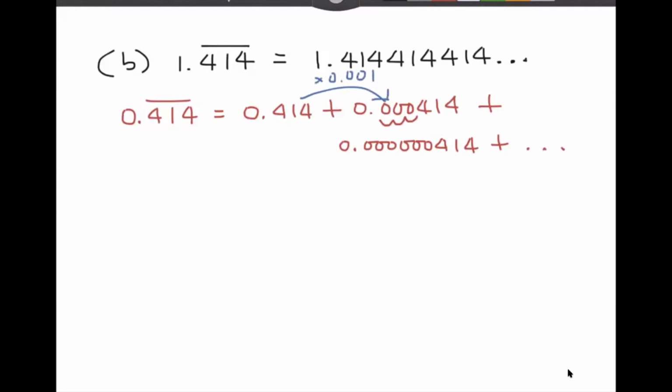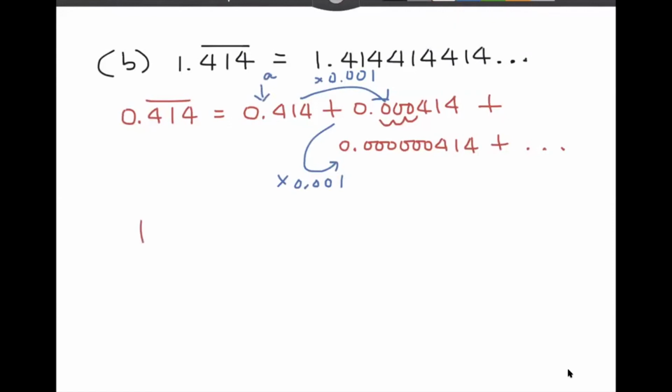Right, 0.1 would put it 1 place to the left, 0.01 would put it 2 places to the left, 0.001 puts it 3 places to the left. And that is how you always get from one term to the next. And here's the value of a.